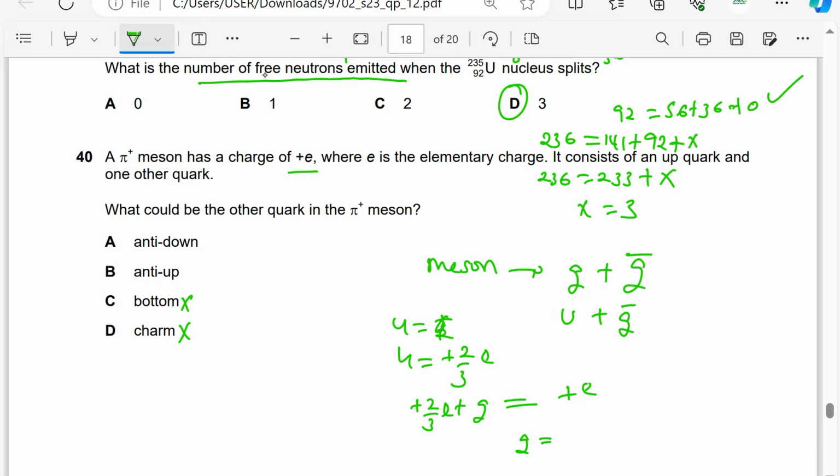So Q is going to be E minus 2 over 3E, which is equal to plus 1 over 3E. And plus 1 over 3E, this is an antiquark, which is either anti-down or anti-strange or anti-bottom. So the answer is going to be A. Anti-up would give us a 0 charge, yet it is supposed to be positive E.